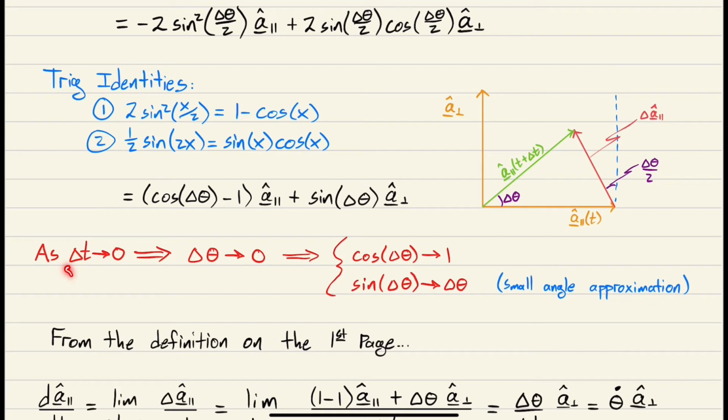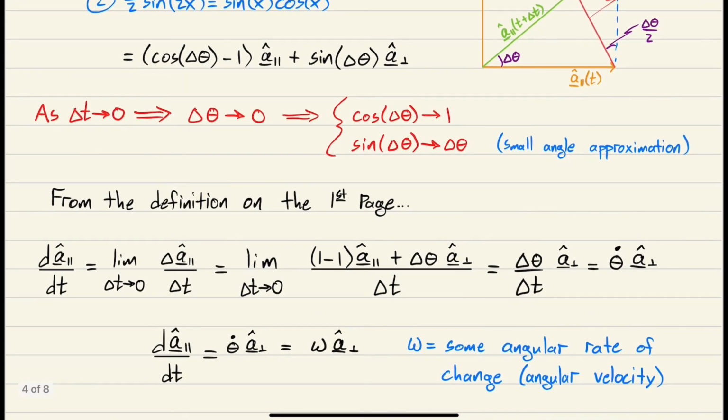As delta theta goes to 0, cosine of delta theta approaches 1, right? Because cosine of 0 is 1. As delta theta goes to 0, sine delta theta is going to approach delta theta due to the small angle approximation.